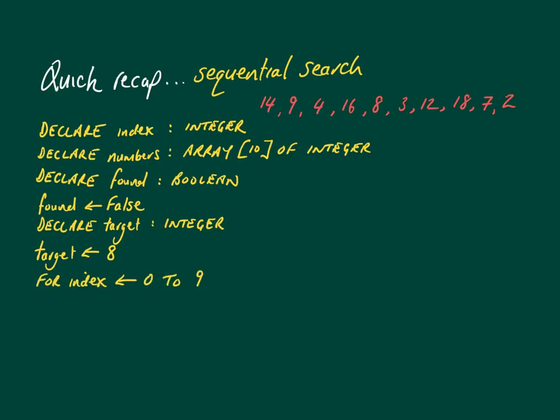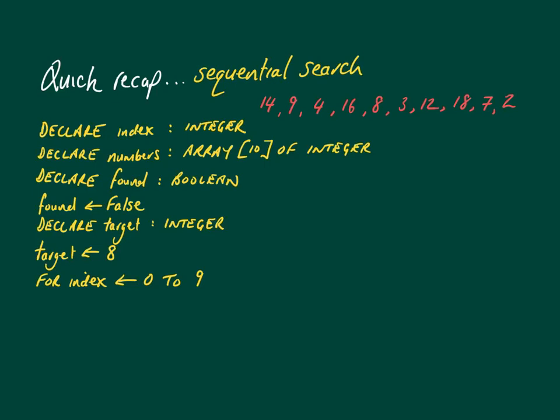So we create a fixed loop because we know that there's 10 items in the array. Because we start at the 0th element, which is number 14, and going up to the 10th item, it would be from 0 up to 1, 2, 3, 4, 5, 6, 7, 8, 9. Okay, so we're looping for index equals 0 to 9.